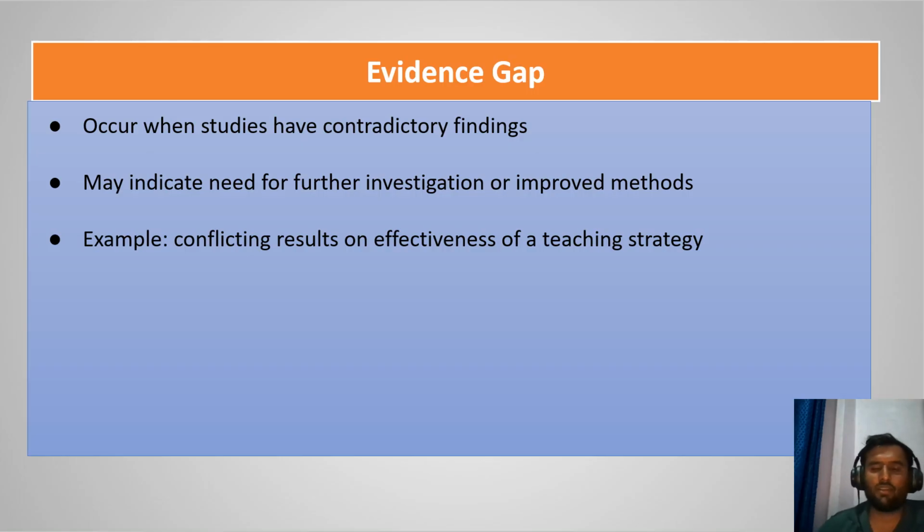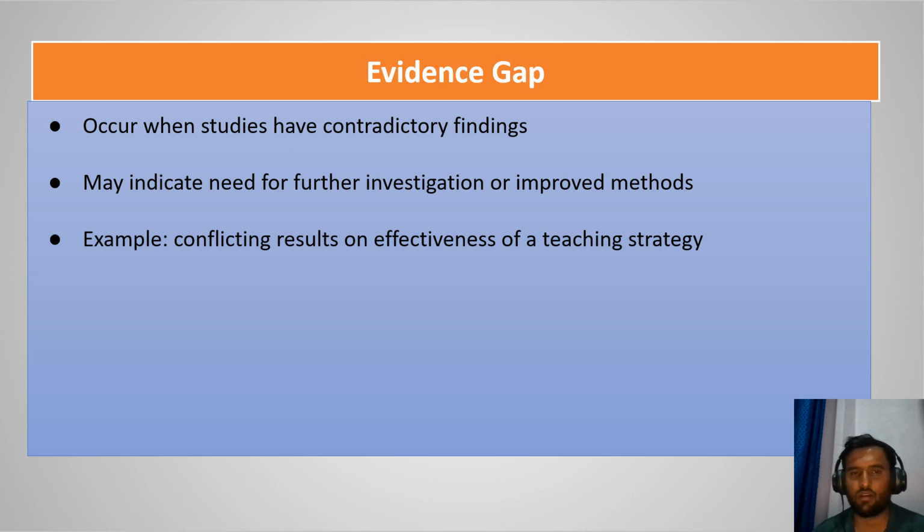Evidence gap. Evidence gap means if we are going to conduct a research and we reviewed articles or papers, and we found contradictory findings on that research, this type of gap is called evidence gap.